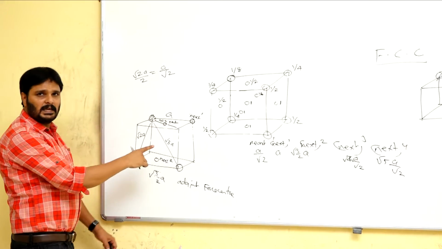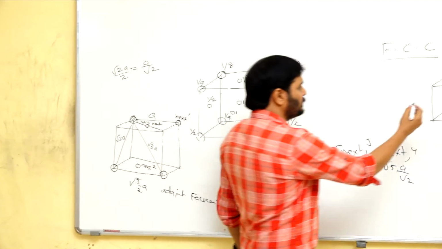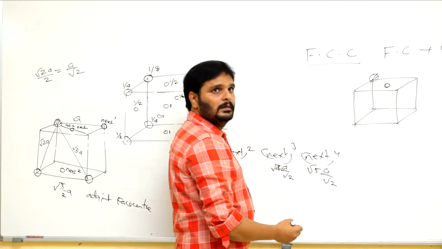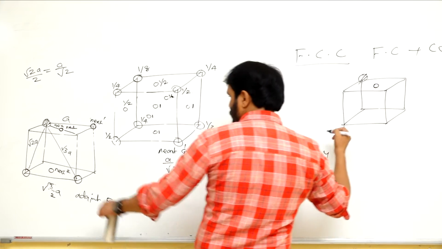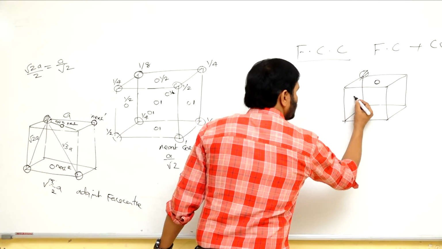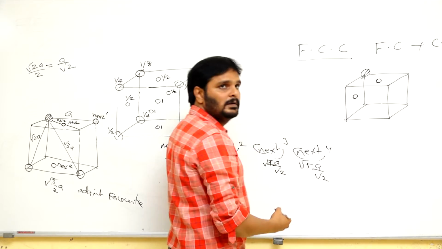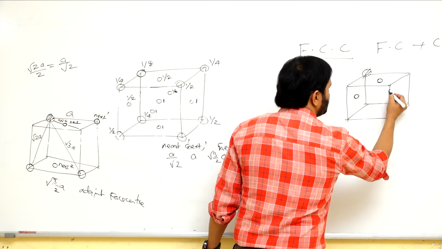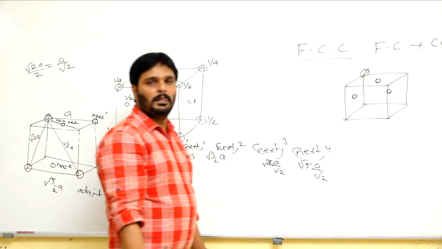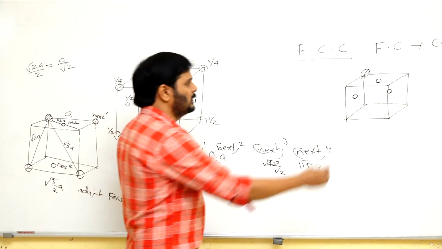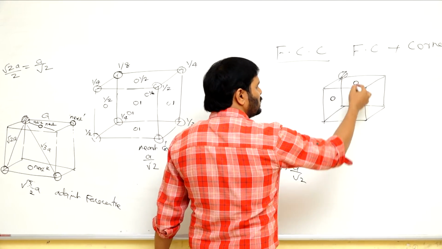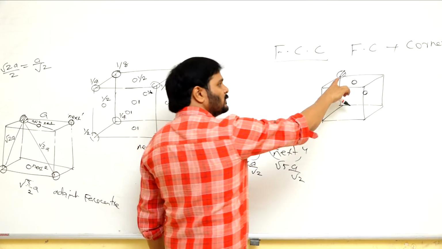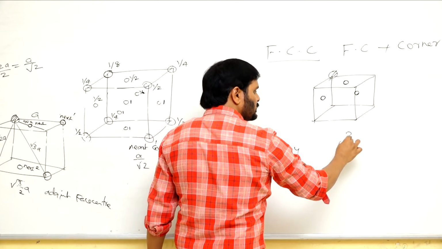So in the face diagonal we have atom A here. Again here also we can find one more, and here also one more face diagonal. This is one face, this is the second face, and this is the third face. So total 3 atoms.